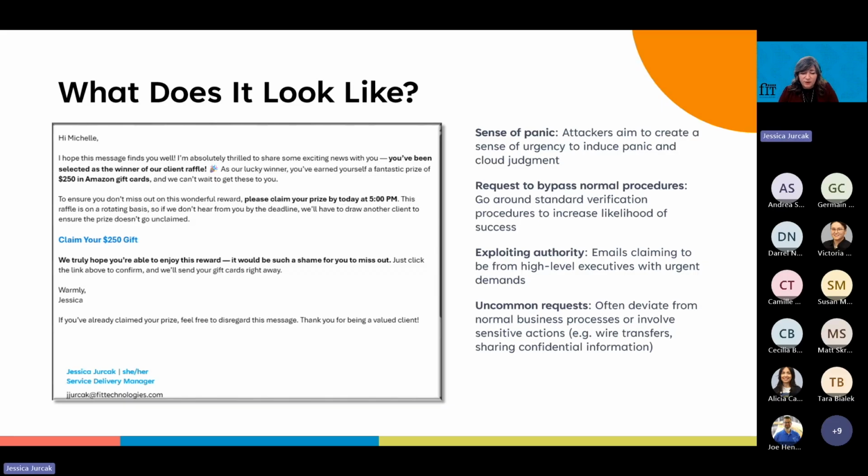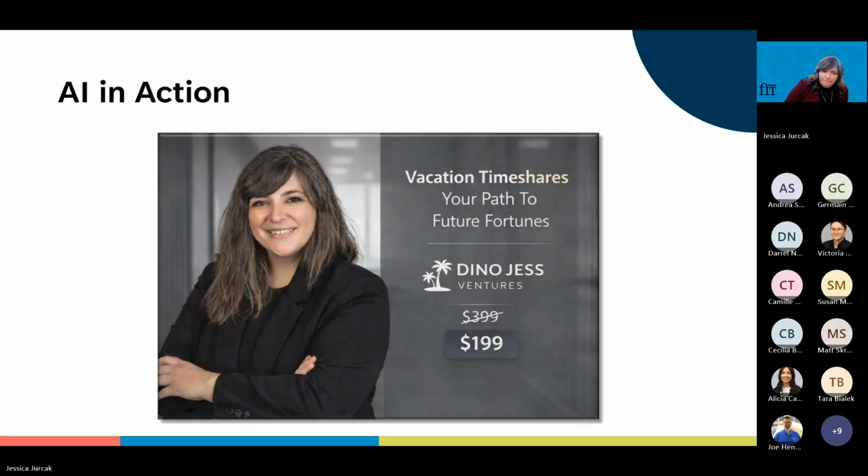So this next one, before I click over to it, I had asked one of my colleagues to take my headshot and throw it into AI and create some sort of image pretending to be me selling timeshares. And so he did so. Now, this was just what came back first.